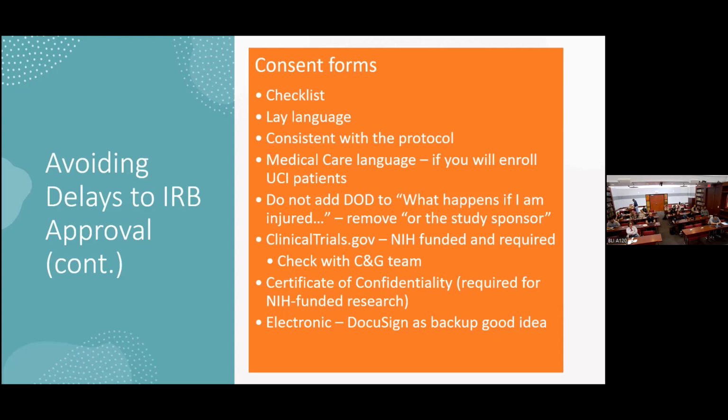So what I've seen that the IRB analysts will say is when you're using a lot of scientific jargon, you need to translate that into something that somebody like me who doesn't have a scientific degree will understand. So make sure when you're writing the consent forms that it's readable to somebody who's not studying to be a PhD or already has one.